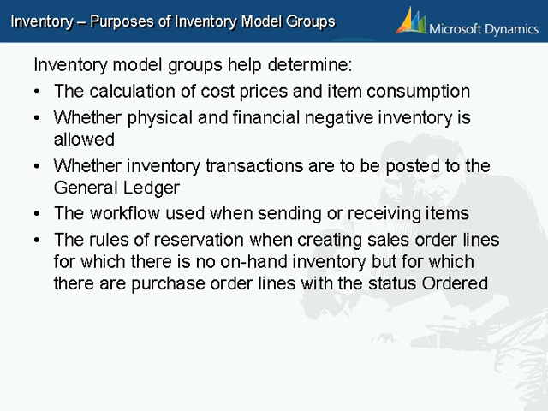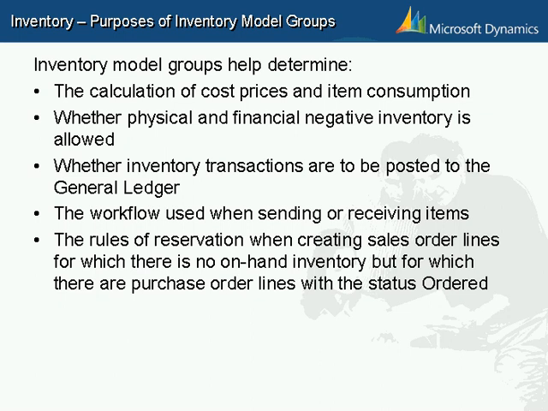Inventory model groups help determine the calculation of cost price and item consumption, whether physical and financial negative inventory is allowed, whether inventory transactions are to be posted to the general ledger, the workflow used when sending or receiving items, the rules of reservation when creating sales order lines, for which there is no on-hand inventory, but for which their purchase order lines have the status ordered.